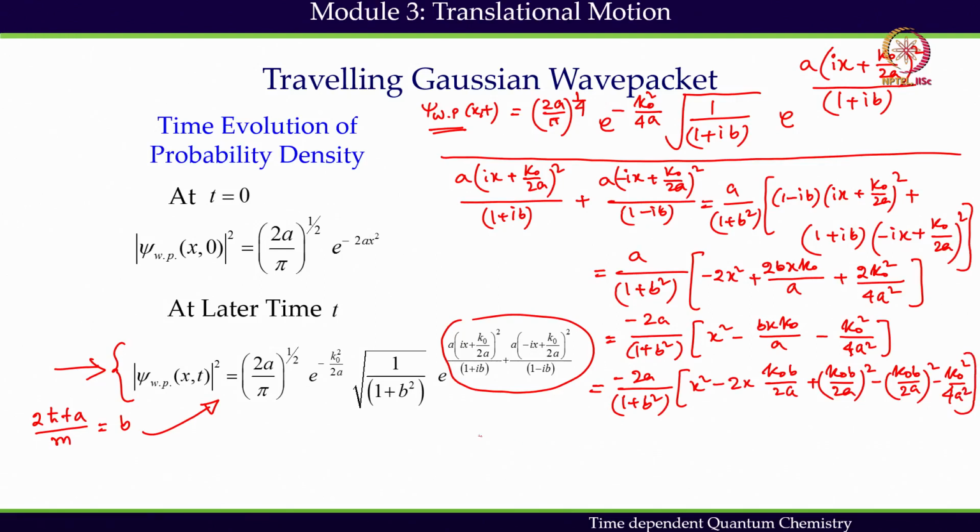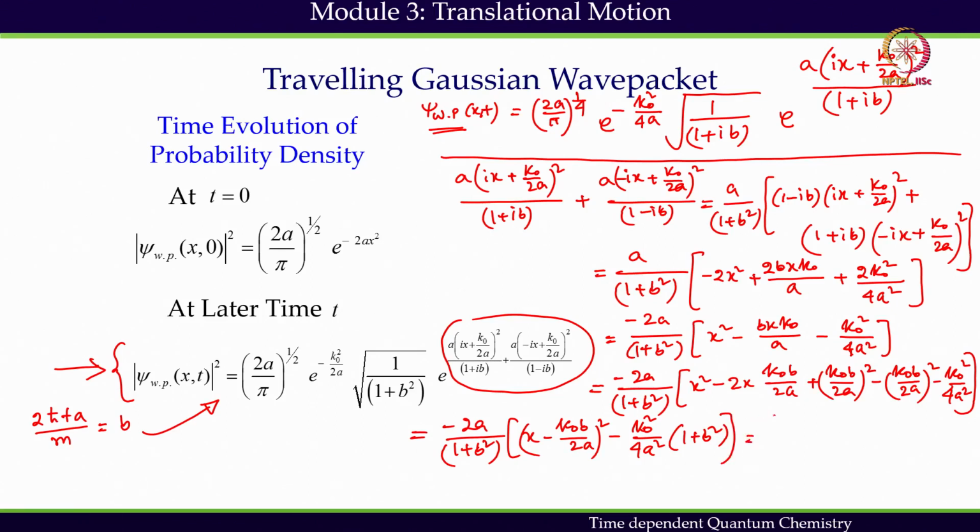So finally, if I reduce it further, I get 2a by 1 plus b square x minus k naught b by 2a whole square minus k naught square by 4a square multiplied 1 plus b square.